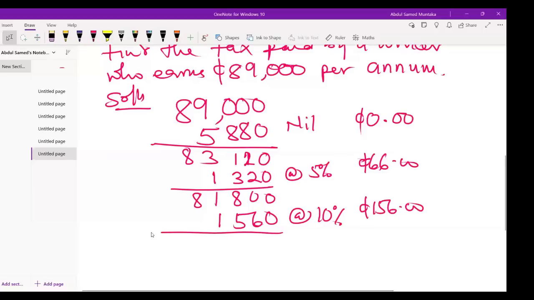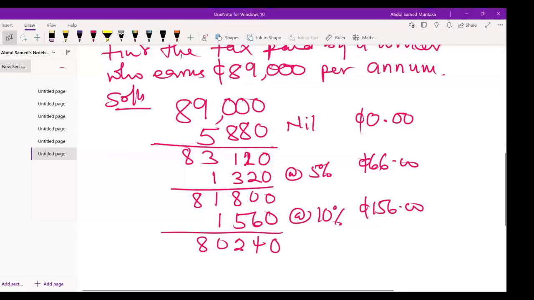Then we will now deduct again, and we will get 80,240.